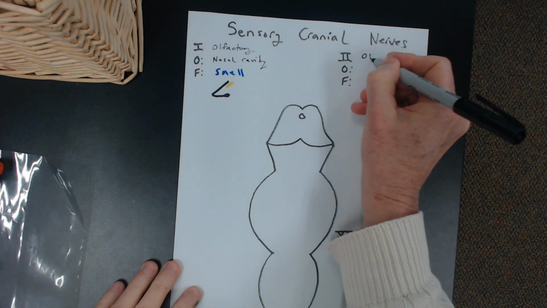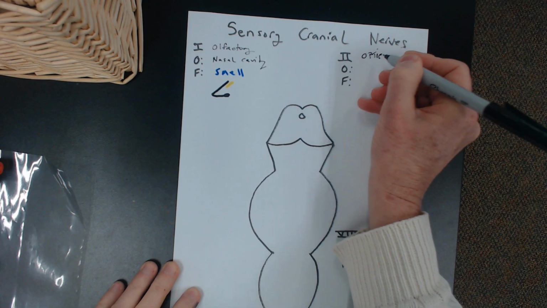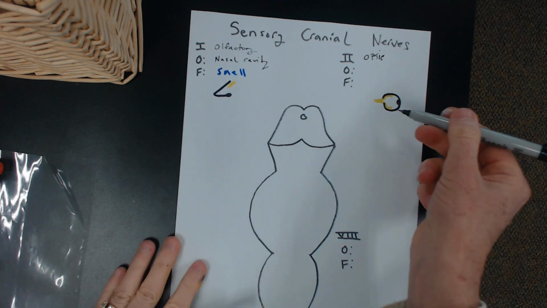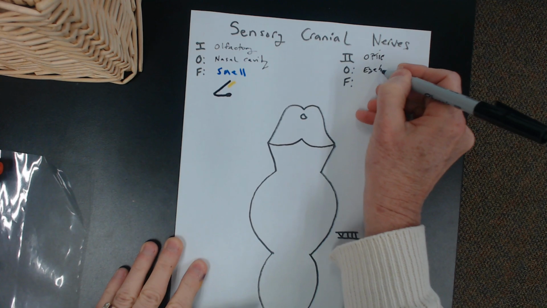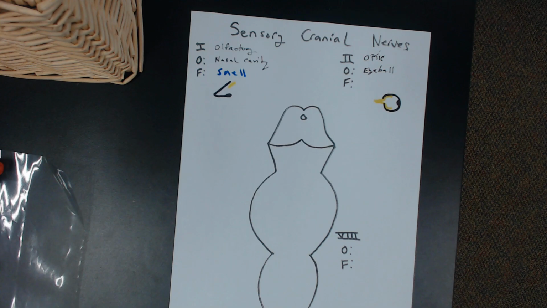Optic. Optic cranial nerve. And just to keep it simple, we're going to say that it originates in the eyeball. Anybody know what cranial nerve number 2's function is? Vision.